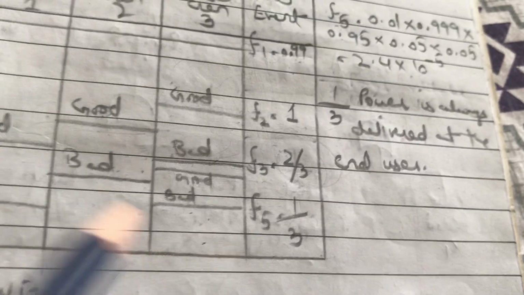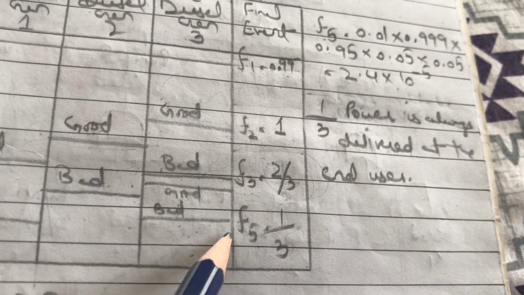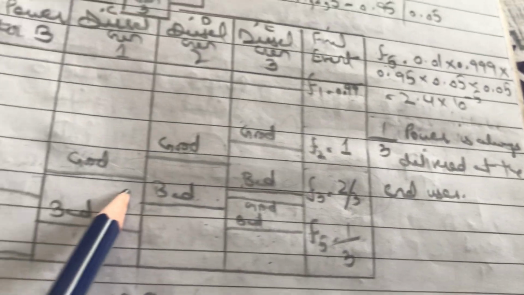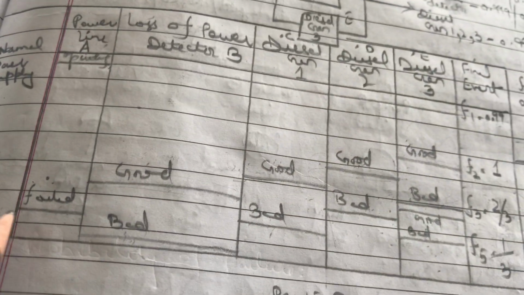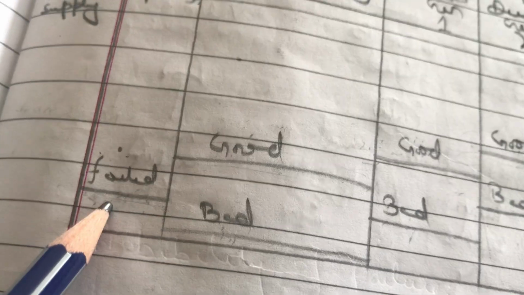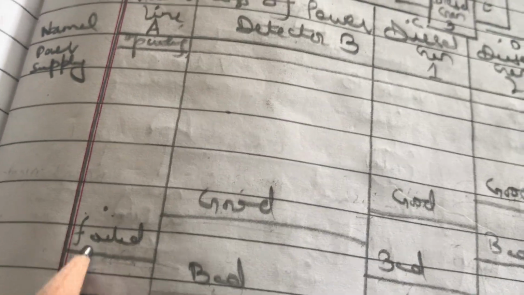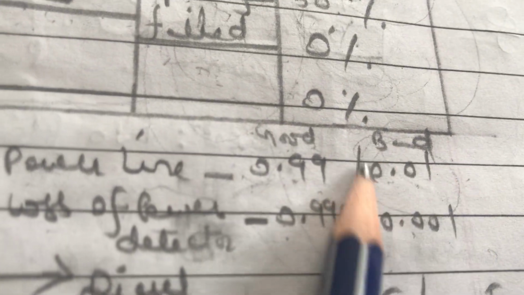Let's have a look. Here F5 is here. So we have the power line probability. For the failed condition, the power line probability is 0.01.